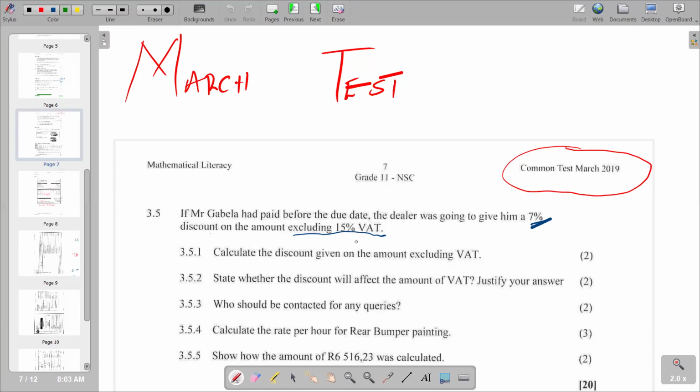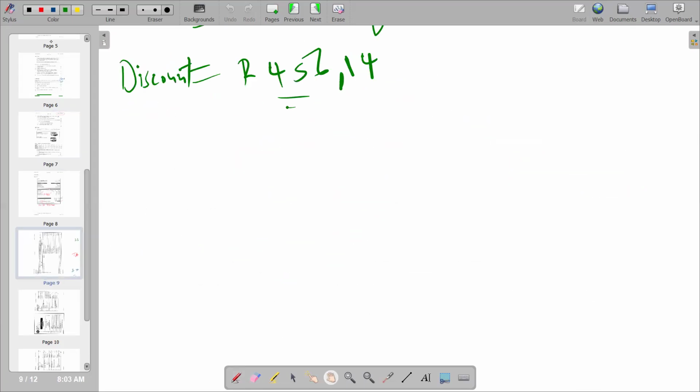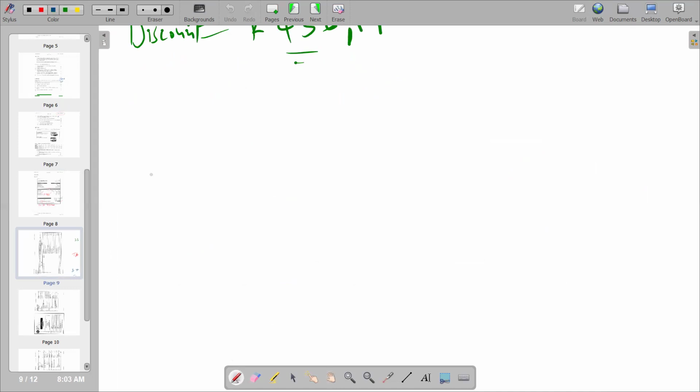So basically, that's it. So on our answer section, we are just going to say 3.5.1. This one is going to be 3.5.2. Our response is going to say yes, it's going to affect it.